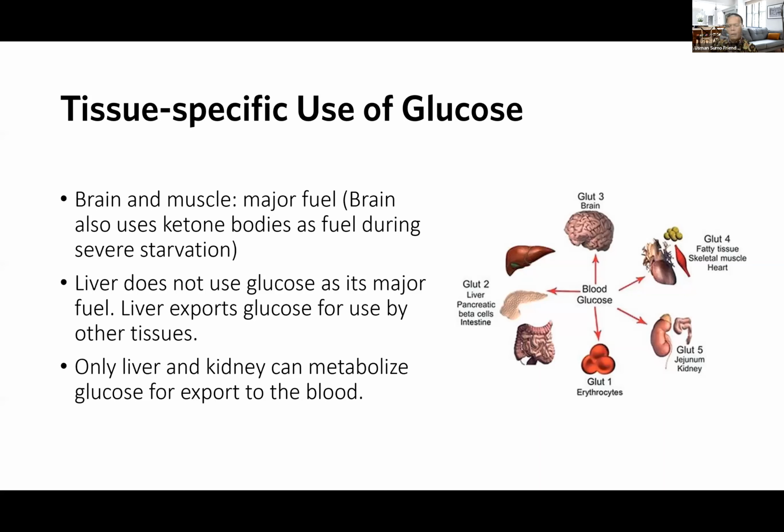Then these organs will use glucose for a specific purpose. Next slide, please.